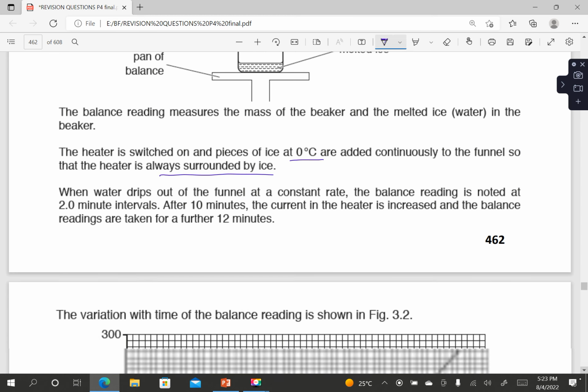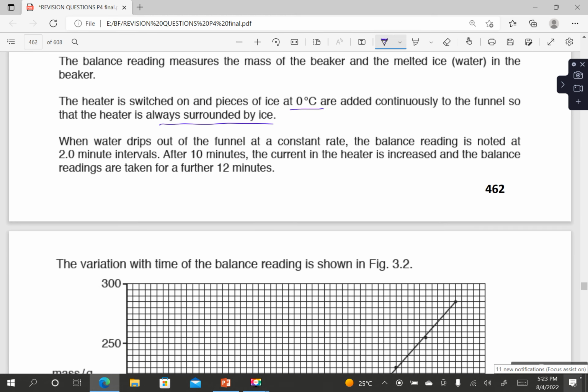Okay. When water drips out of the funnel at a constant rate, that means the temperature of the apparatus and the surrounding does not change. The balance reading is noted at 2.0 minute intervals.